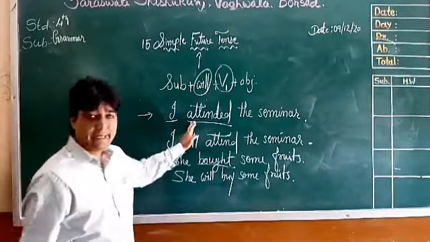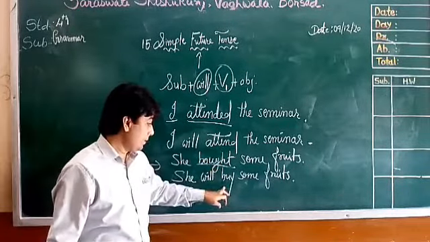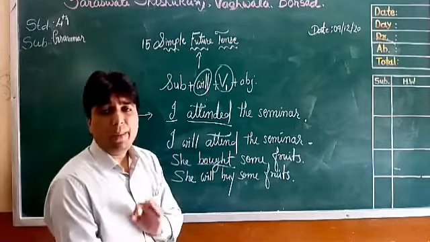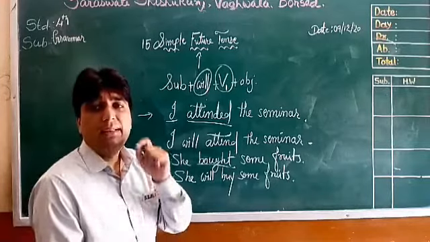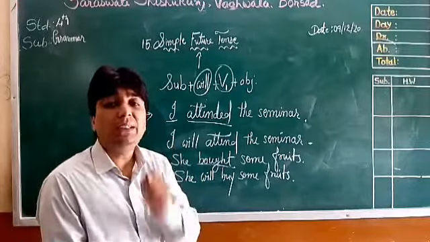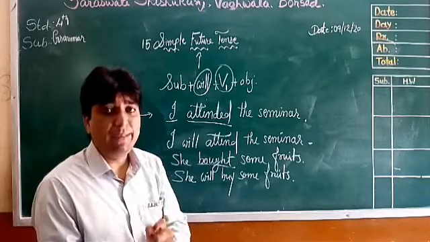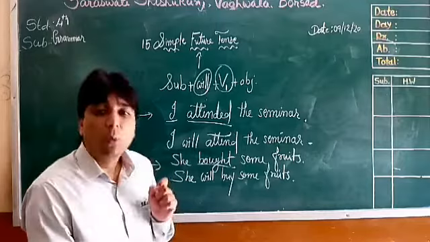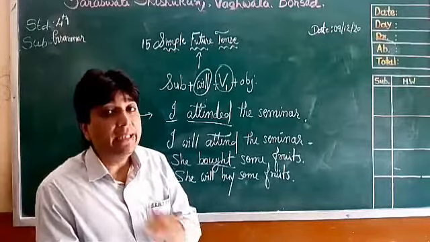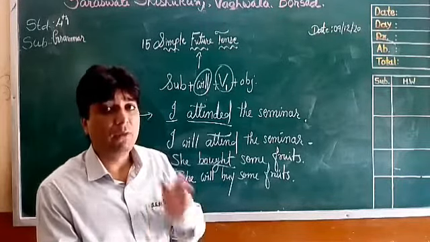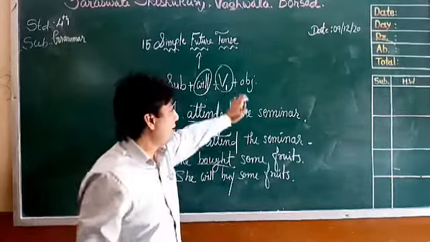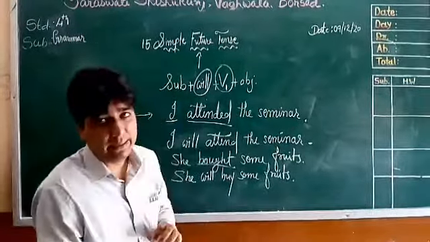See, attended becomes attend, bought becomes buy. So what you need to remember? After the subject there must be will, and after will you must keep the verb 1 form, the present form of the verb. There will be no ing, no ed, no s or es after the verb. Only and only the main form of the verb, object, rest of the sentence as it is.